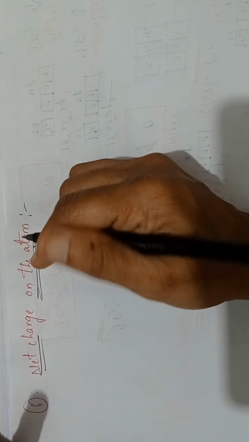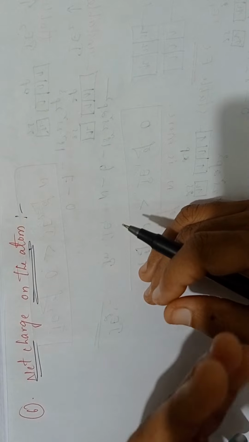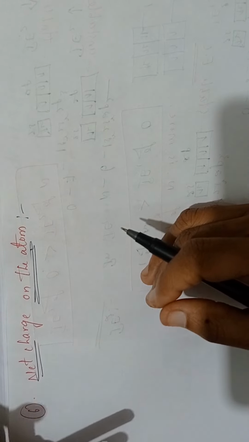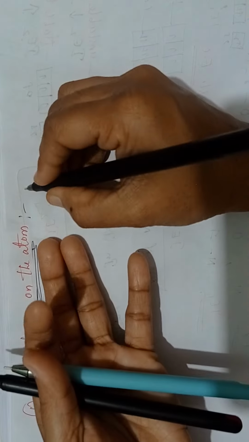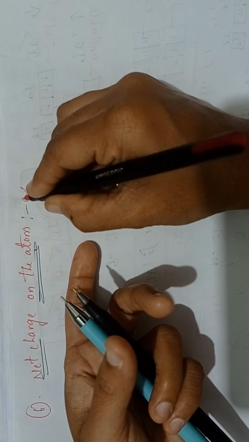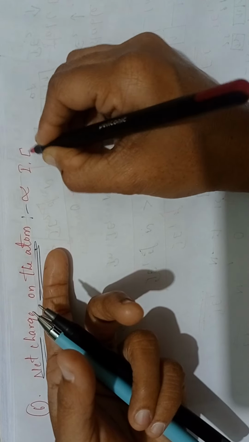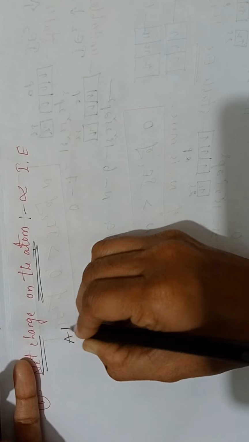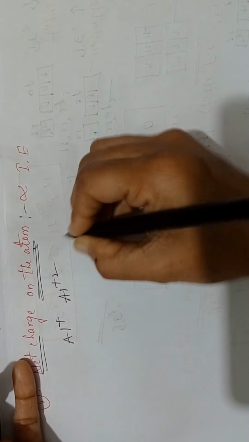Whenever the net charge on the atom increases, students, ionization energy also increases. So we can say that net charge on the atom is directly proportional to the ionization energy. For example, I am taking Al plus, Al 2 plus, Al 3 plus.